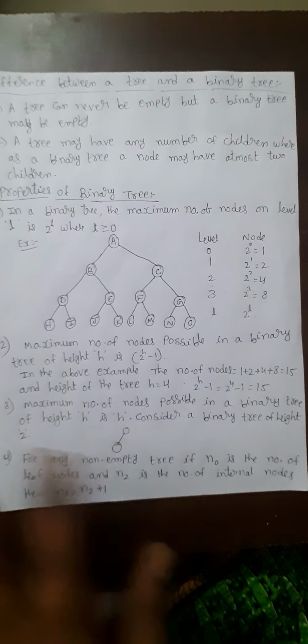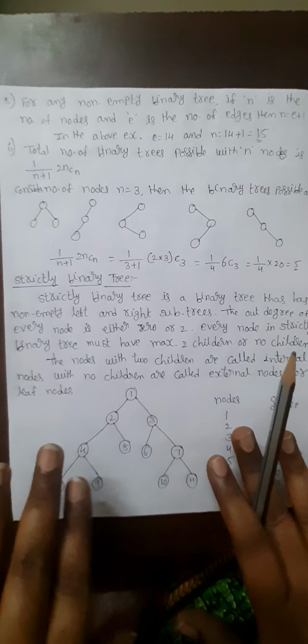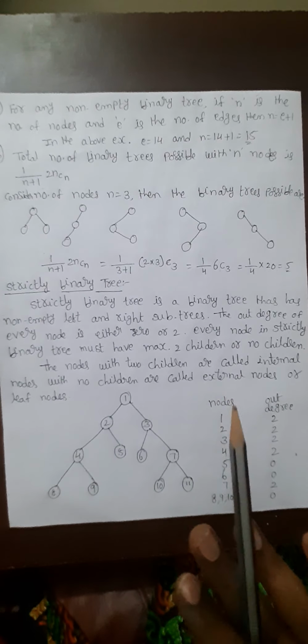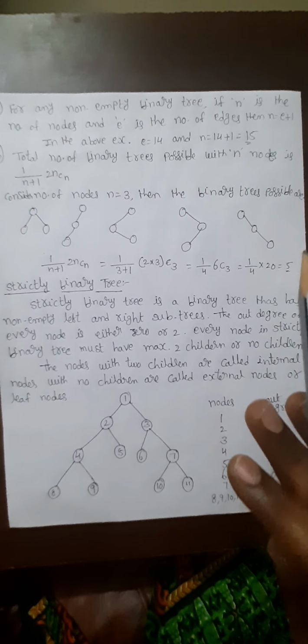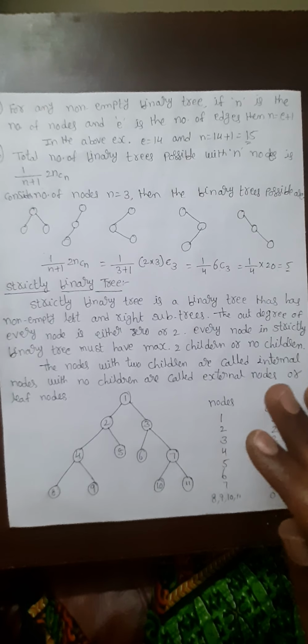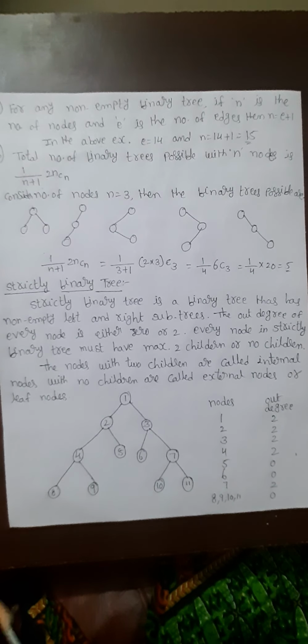And for any non-empty binary tree, if n is the number of nodes and e is the number of edges, then n equals e plus 1. In the above example, it contains a total of 14 edges, 14 plus 1 equals 15 elements in the binary tree.